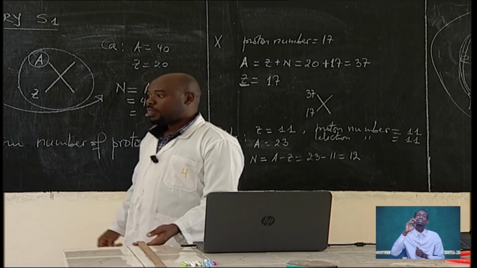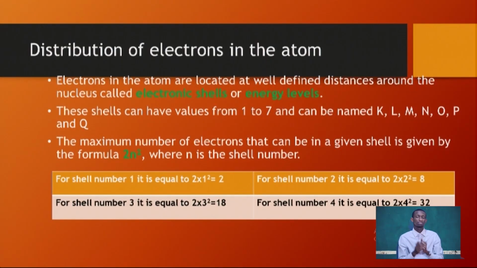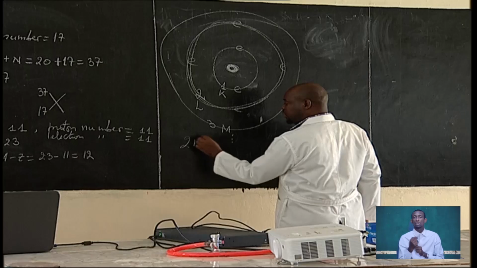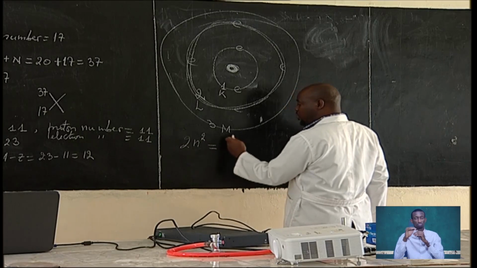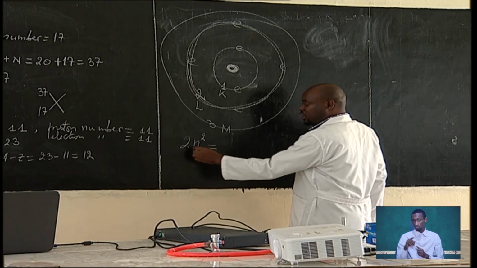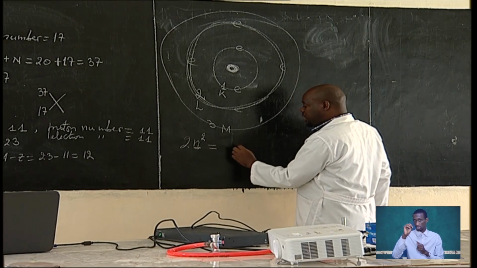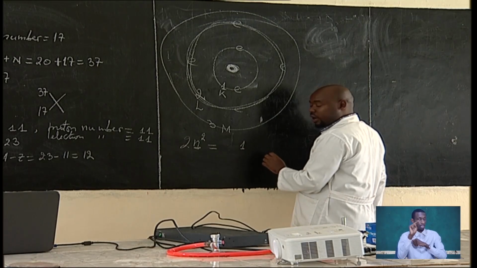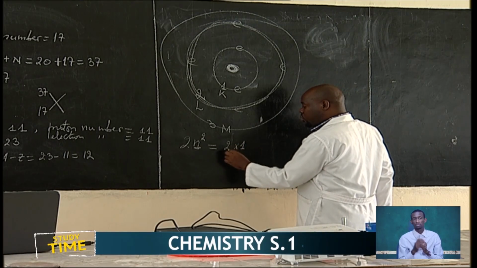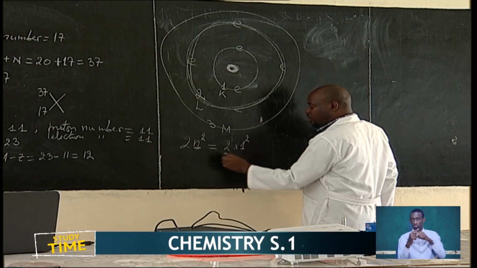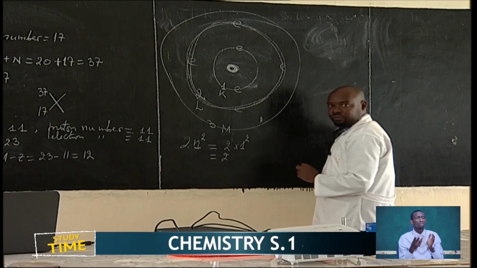For example, for shell number 1, the maximum of electrons that can be there is 2. Very simple. We have the formula, 2n squared. So for the first energy level, n will be 1. And 2 times 1 squared, we get 2.